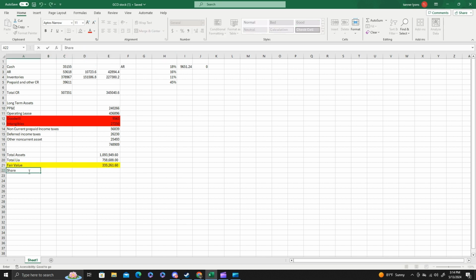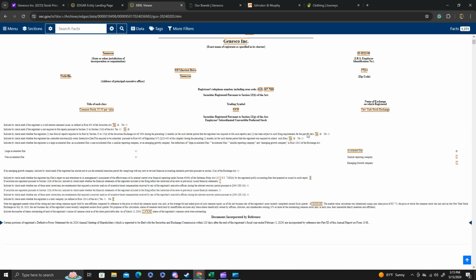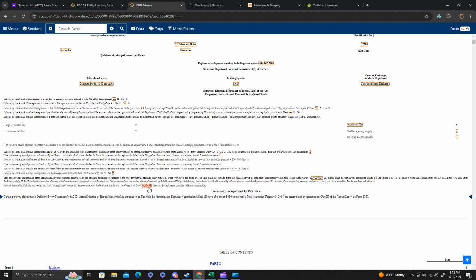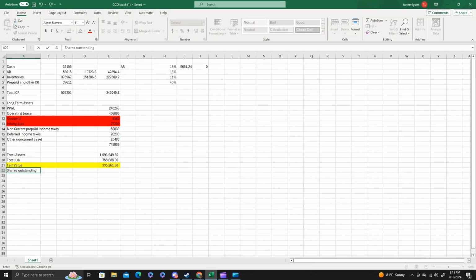Now we want the shares outstanding. And of course, you see shares outstanding at the top of every single filing. We have 11, 4, 7, 6, 3, 8, 1.